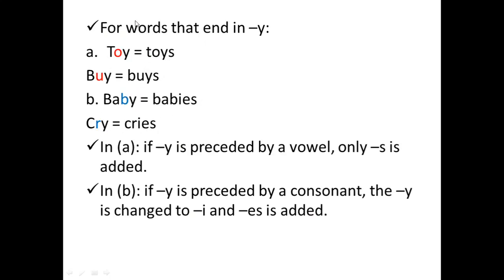Okay? So, this is another important case, guys. For words that end in Y. Okay? So, this will be your word and it ends with a Y. Like toy, buy, which end with Y. These two are A. And for B, baby, again, and cry, again, ending with a Y, cries.